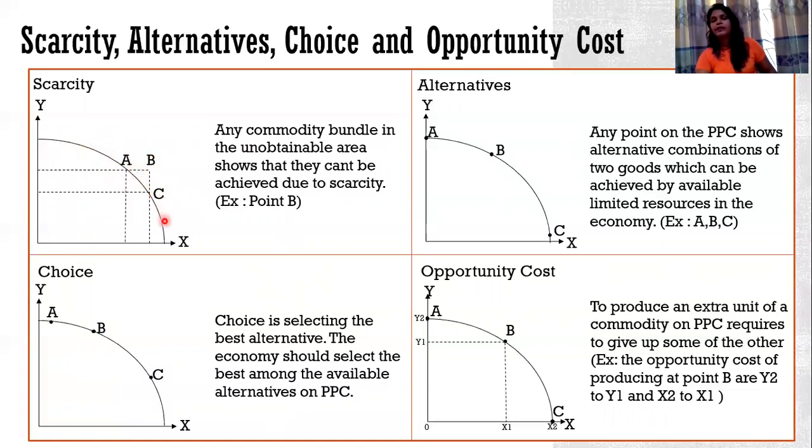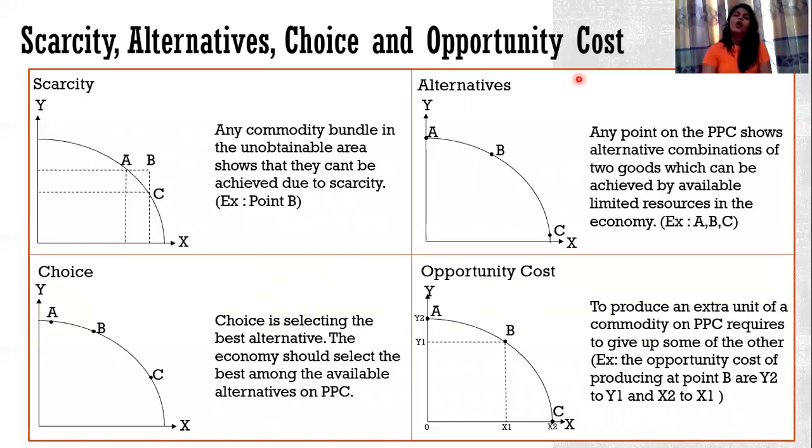This is the production possibility of the economy. So points A and C are on the PPC. That is the production possibility. And any point outside the PPC is outside the production possibility of an economy, and that shows scarcity.